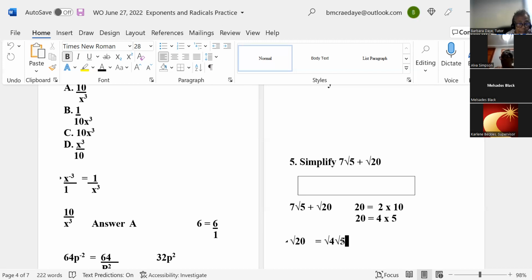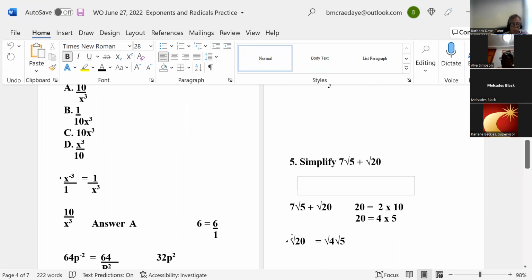I'll tell you a little hint. When you have something like this, you think, if I could get a square root of 5, I could add my coefficients, right? So what number multiplies by 5 to get 20? 4. If you could get the coefficient with a square root of 5, then you could add them. So think about 5 going into 20 4 times.